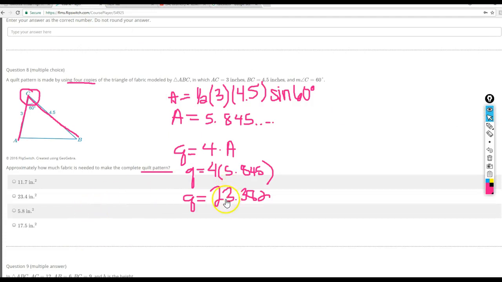And it's rounded to the nearest tenth, and the 8 would round this 3 up, since 38 is closer to 40 than it is to 30. So our answer is 23.4 inches squared.